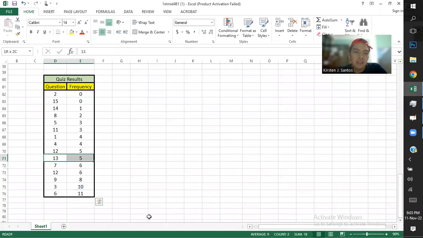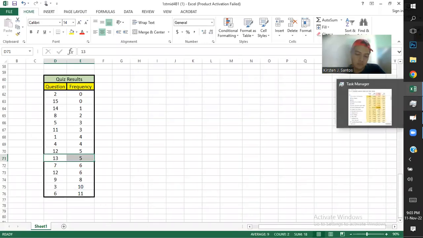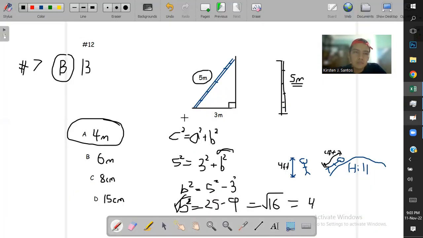And number 13 was another common mistake, and the answer for number 13 was A, and that would be the sine of x.